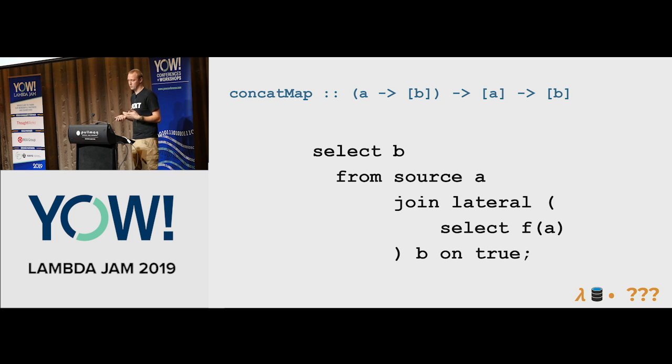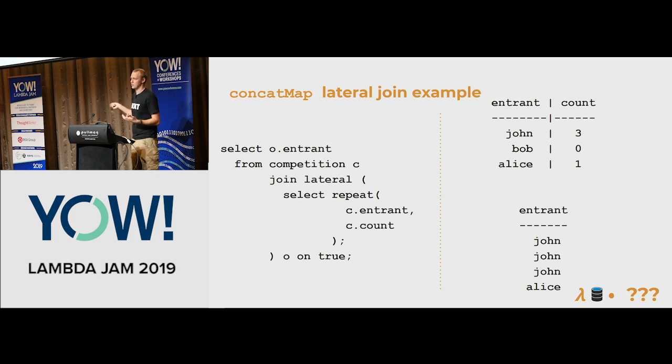The idea of a lateral join is that it allows you to define the relation on the right-hand side of the join as one which, for each row that appears in the relation on the left-hand side, does something and returns a result set. So it allows you basically to say, for each thing on the left, maybe I want 0, 1, or many things in the relation on the right.